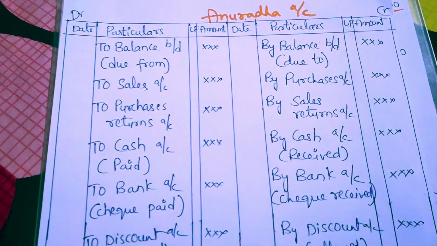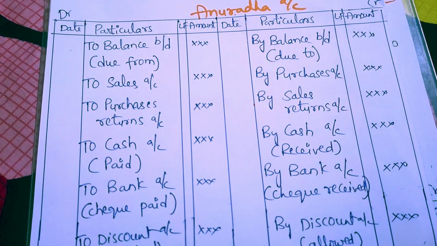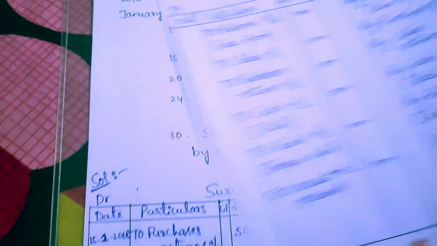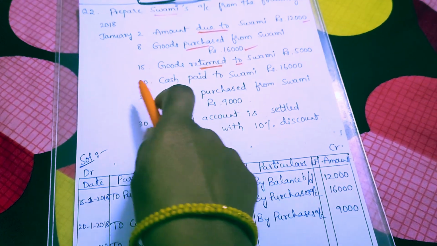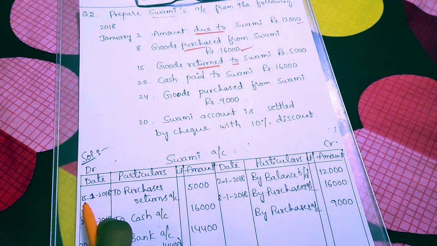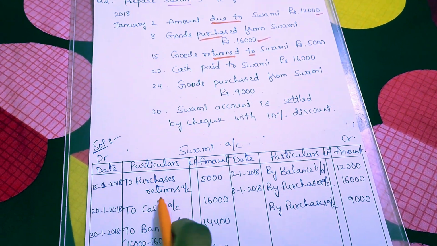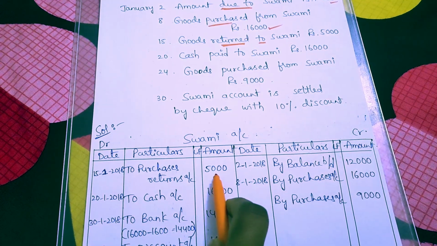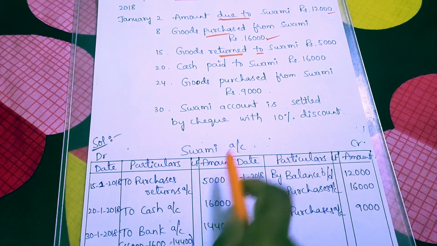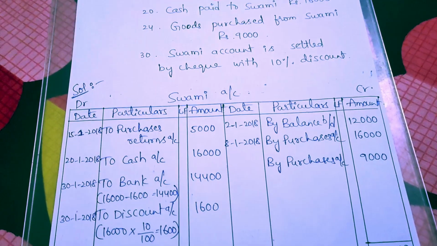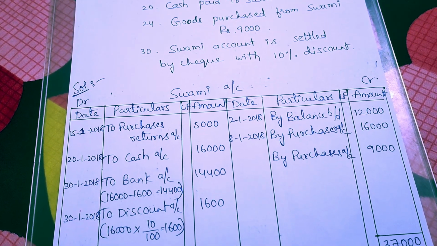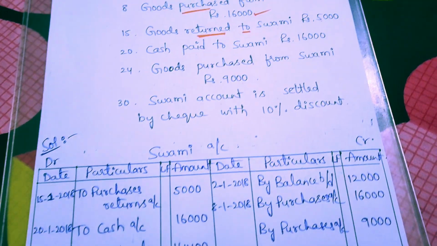So we should record purchase returns on the debit side. Let us write now debit side. See here, 15th date. To purchase returns account 5,000. Okay. 5,000. Purchase returns account 5,000. We recorded on debit side. Let us move to next one.